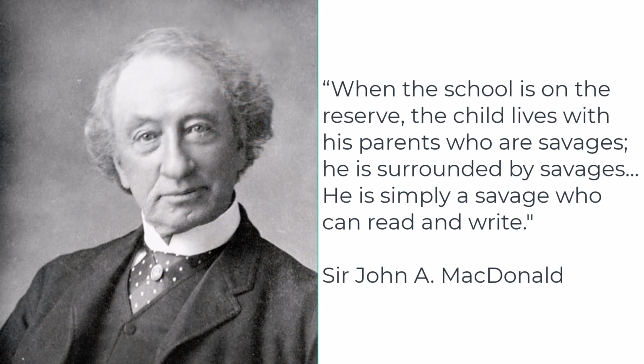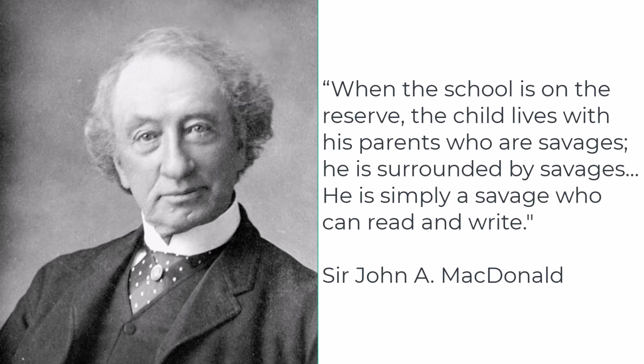Part of that Indian Act was in 1883. They built residential schools across Canada. Prime Minister John A. Macdonald had told his government at the time that these Indians were savages, that they needed to assimilate.